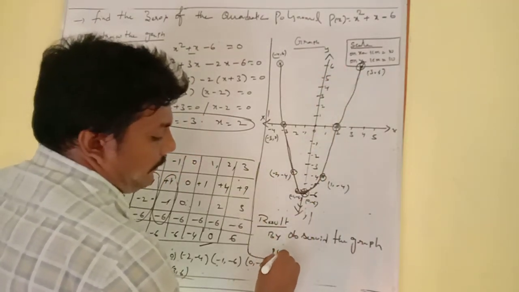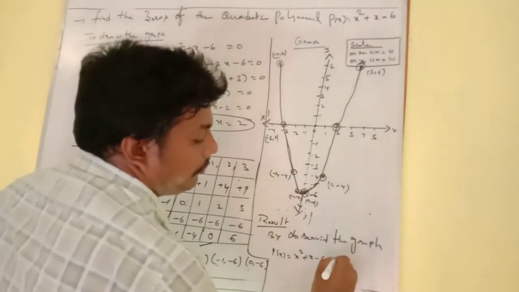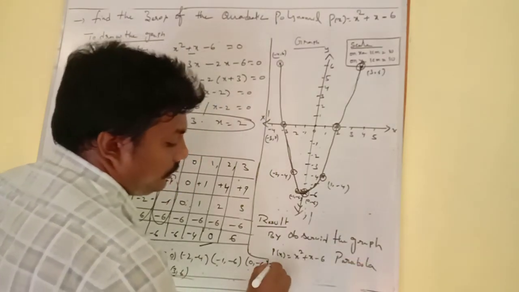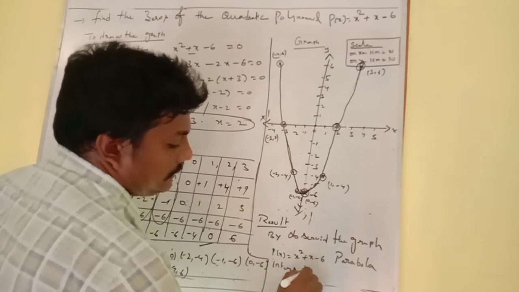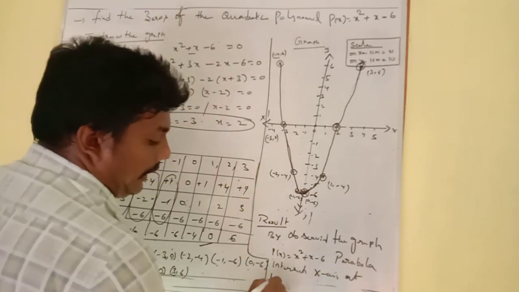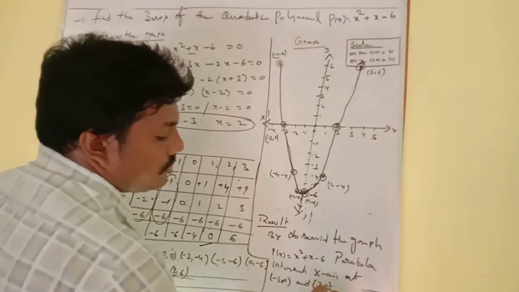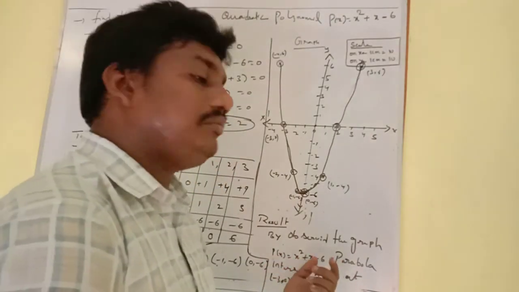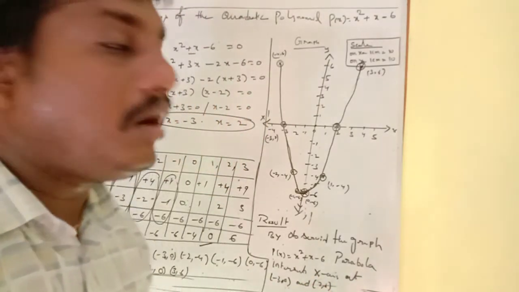By observing the graph, P of x equals x square plus x minus 6, the parabola touches or intersects the x-axis at minus 3, comma 0 and 2, comma 0.